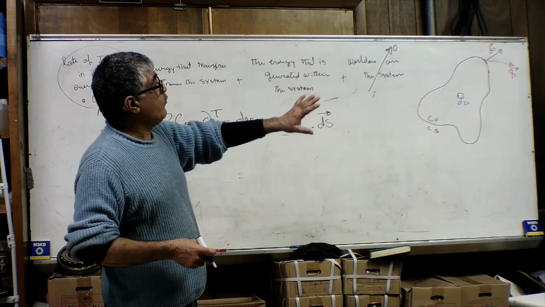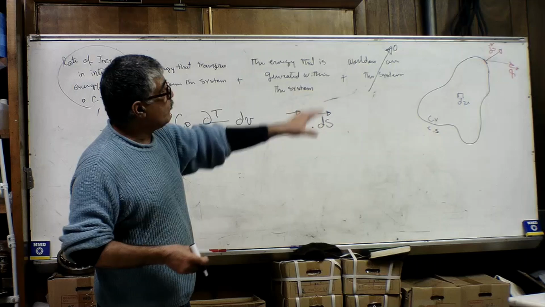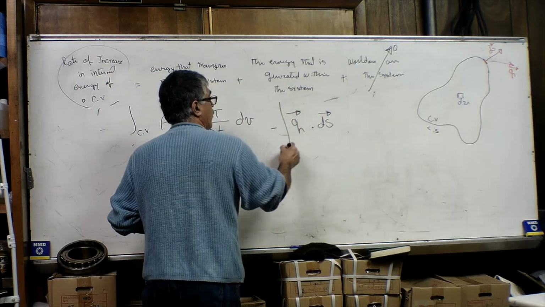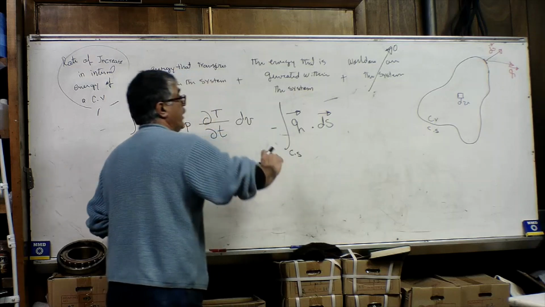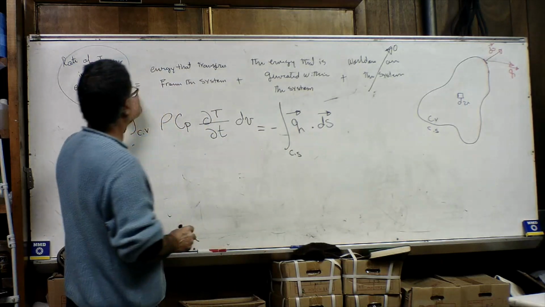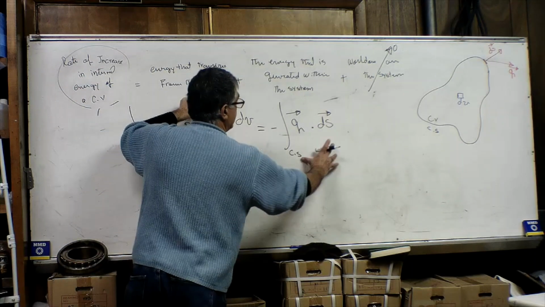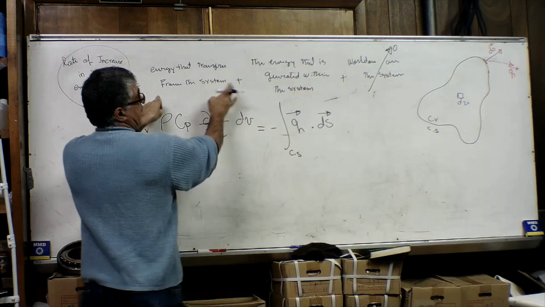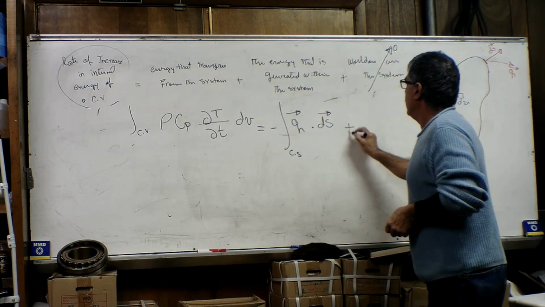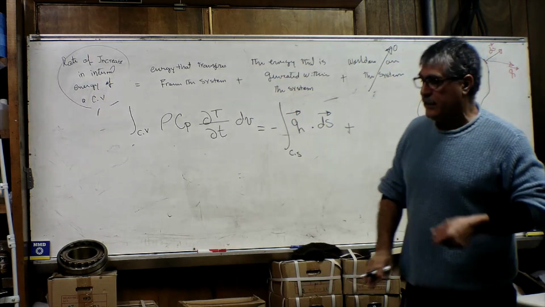So in order for us to find out the heat transfer from the entire surface of our system, we have to take the integration over the entire surface of our system. So this is equal to, so this is that portion of our statement, plus the energy that is generated within the system.